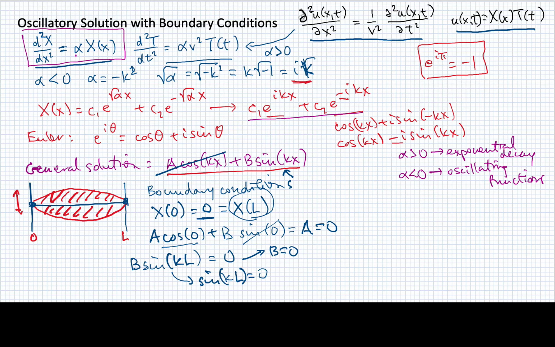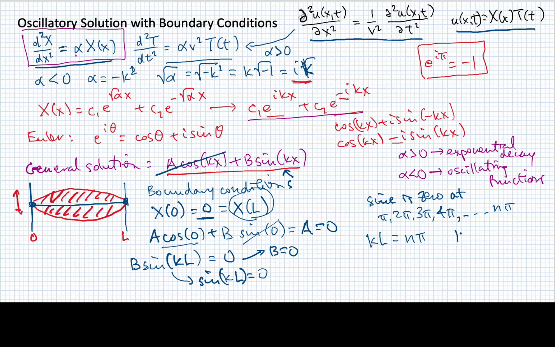And in order to do that, I would note that the sine function is 0 at pi, 2 pi, 3 pi, 4 pi. It's basically integer multiples of pi, n pi. So in other words, if I set k times L equal to n pi, then I will get sine equal to 0.